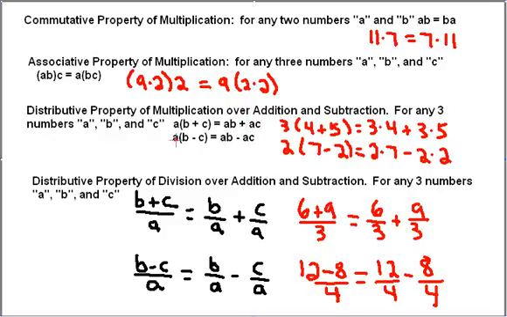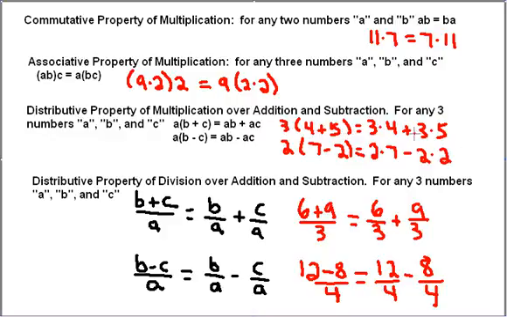Over subtraction would be a times parentheses b minus c. And what you do here is you take your a times each of your parts. A times b would be ab, and a times c would be ac, so a times parentheses b minus c is ab minus ac. And examples of that would be, for addition, if you had 3 times parentheses 4 plus 5, that's the same thing as going 3 times 4 plus 3 times 5.